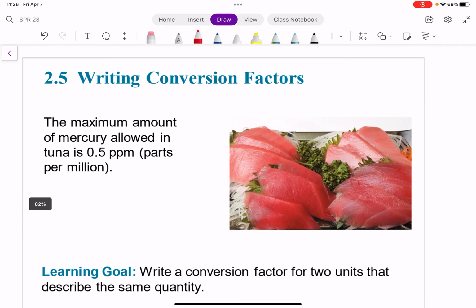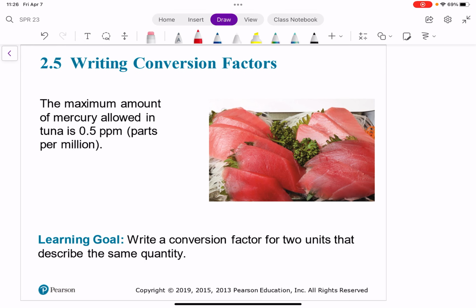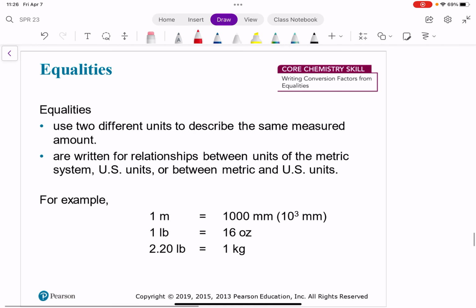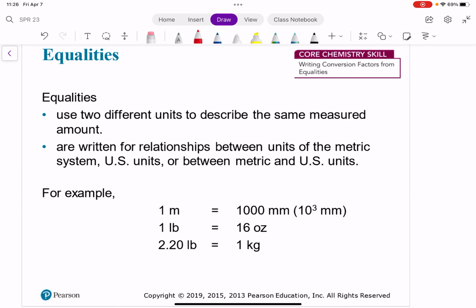Okay, so 2.5 is all about writing conversion factors, and you heard me say conversion factors before. You could think of it as the same thing as equalities, but you'll see that we usually write them in a fraction form. All right, let's keep going. Equalities use 2 different units to describe the same measured amount.